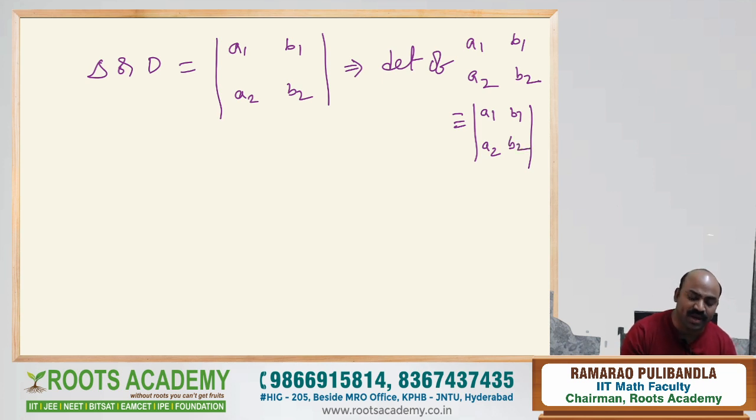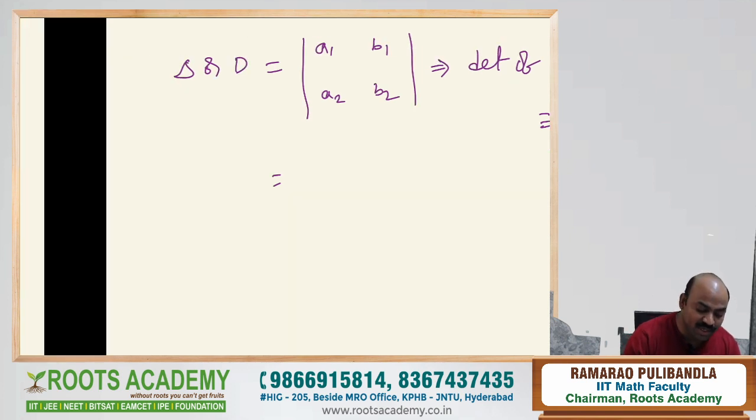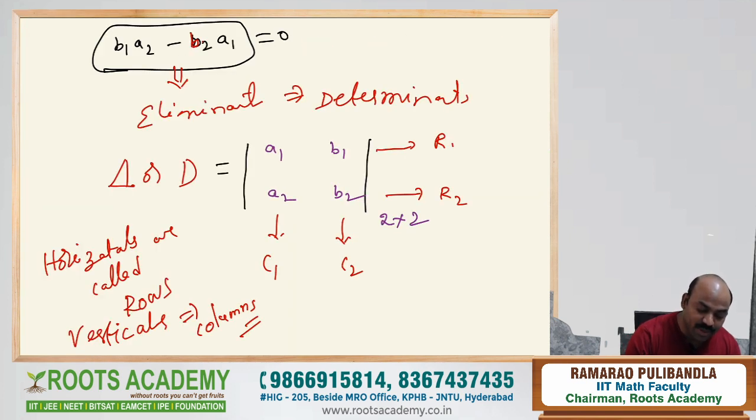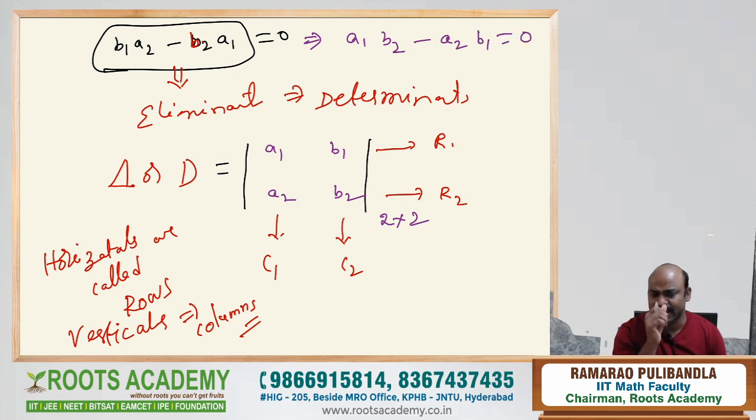How to expand this? This is the expanded form. Earlier we got it: the expanded form is called eliminant. We got it already, and from that only we came back to here. So how to get that expanded form? What is the expanded form? a1 b2 minus a2 b1 equal to 0. Either way it is correct, nothing to worry.